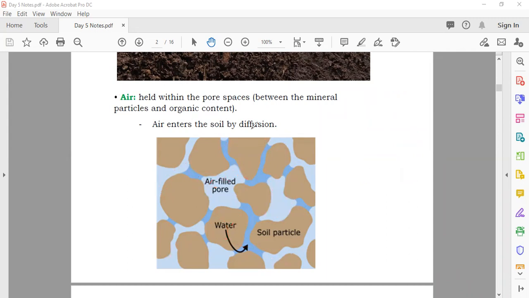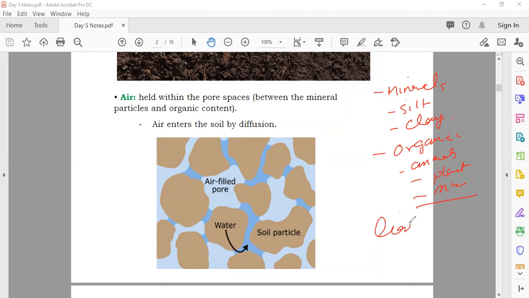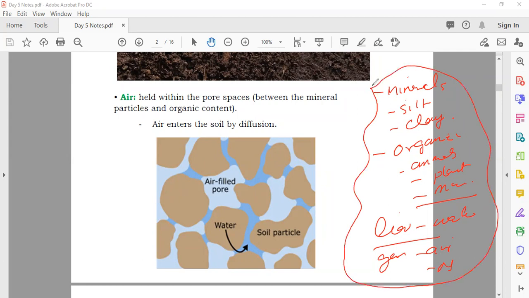Till now we have discussed what is in the soil: minerals, in which we have silt and clay. Then we have organic content, which means animals, plants, and some microorganisms. Then liquids, in which you will find water. And then gases, which can be air or nitrogen. So here we are just discussing the things which are present inside the soil.